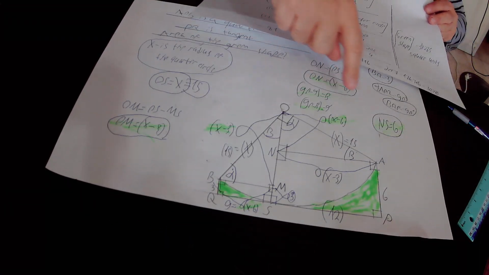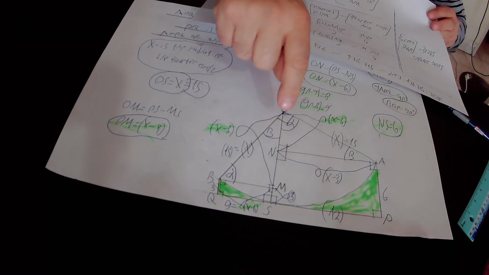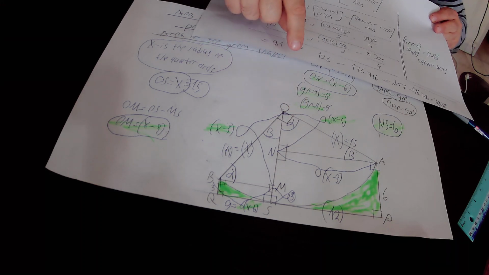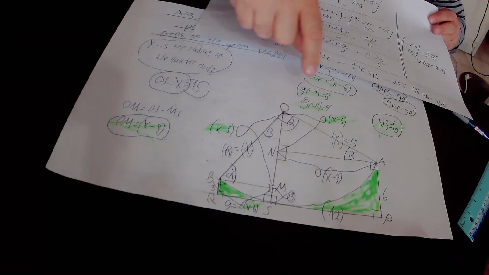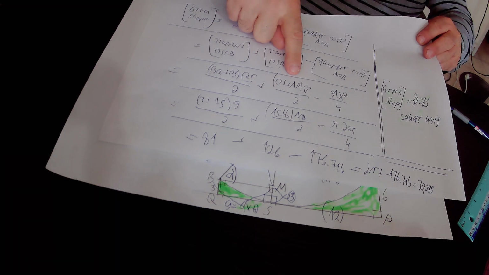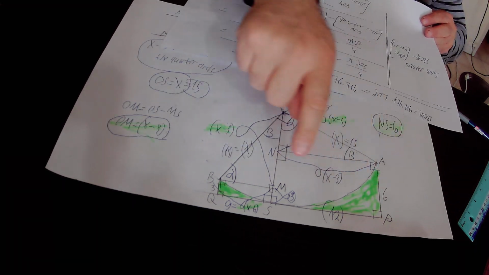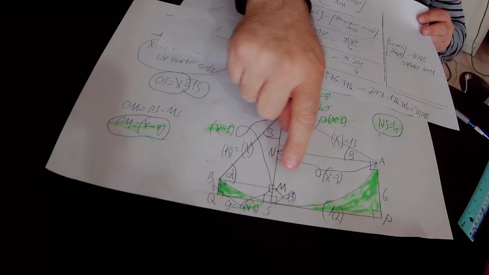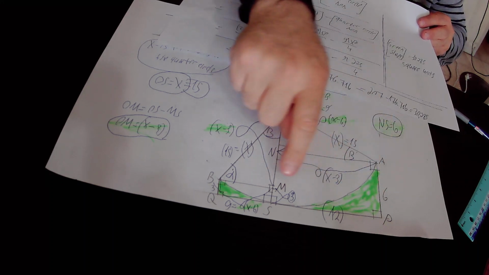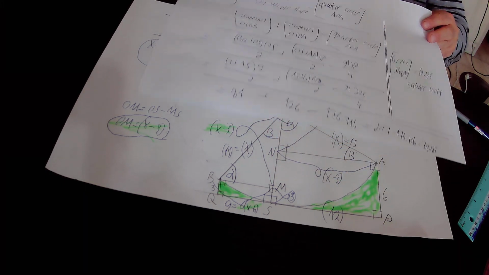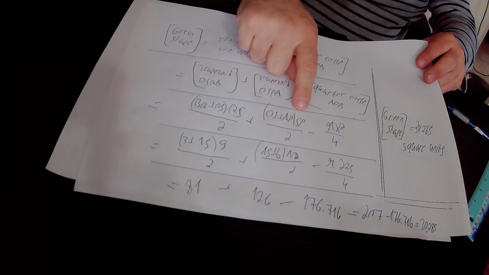Plus the area of trapezoid OSPA. What is the area of this trapezoid OSPA? It is equal to the sum of its bases, that is OS plus PA, times the height, that is SP. Why is the height SP? Because the height SP creates 90 degrees with the two other bases. So times SP over 2.